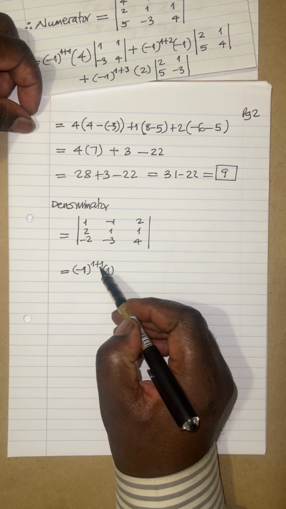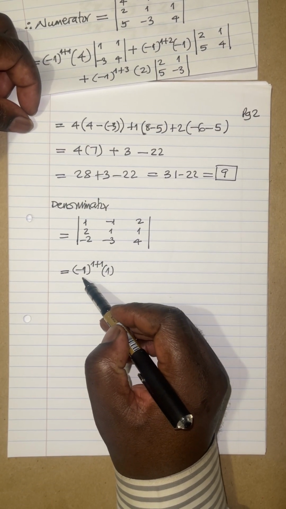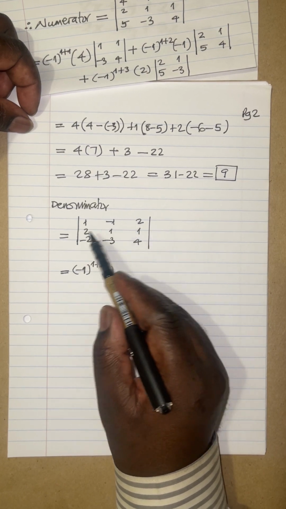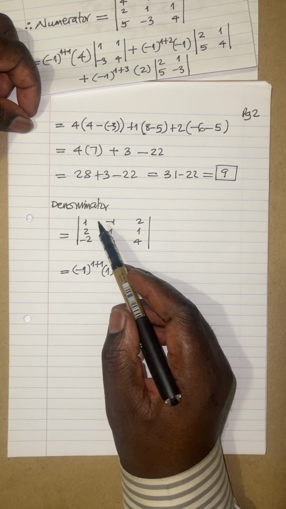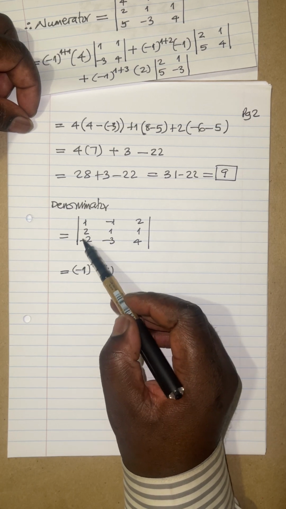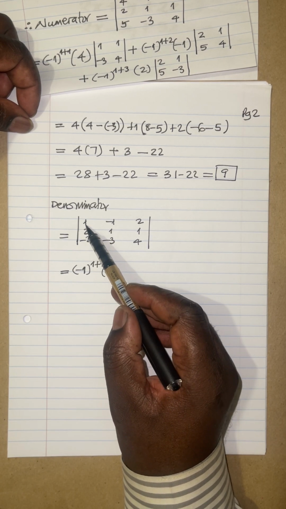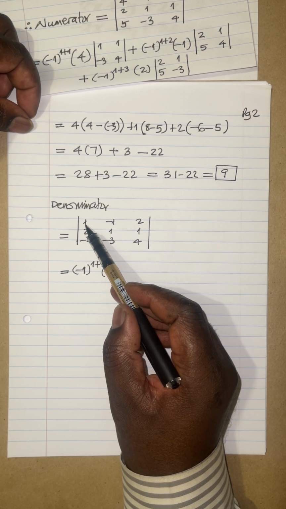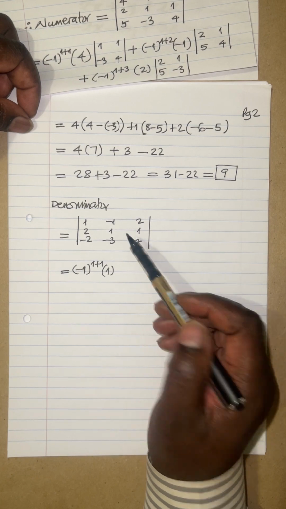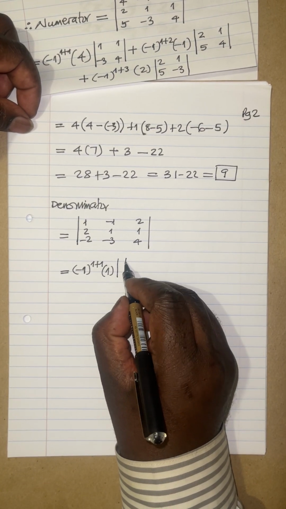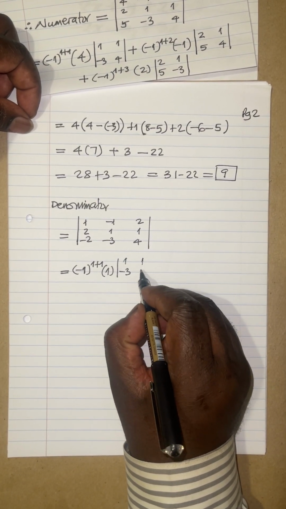But the sign will be obtained by raising minus 1 to the power of the number of rows plus number of columns in which that number is. Right, and then we're multiplying by the determinant of, remember we ignore elements that are in the same row or column with this number. So we're ignoring those, and we're focusing only on these ones here. So we're going to say 1, minus 3 and then 1, 4.